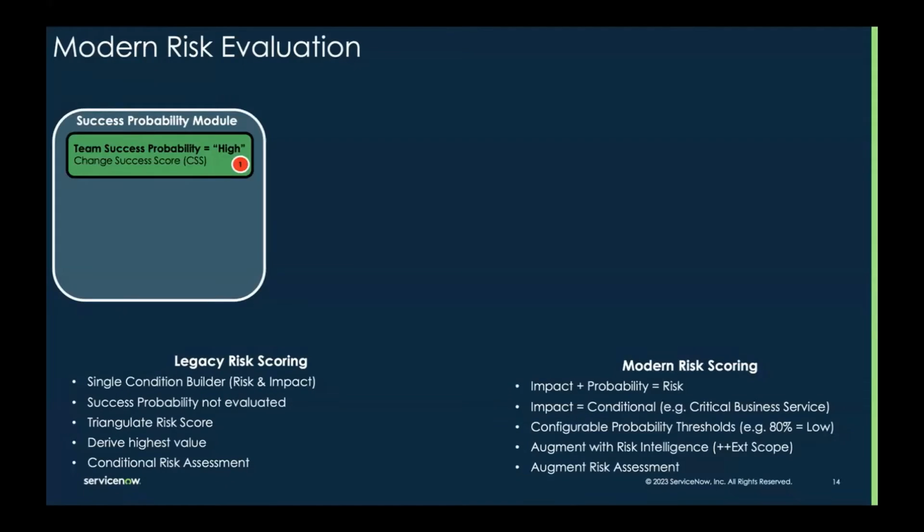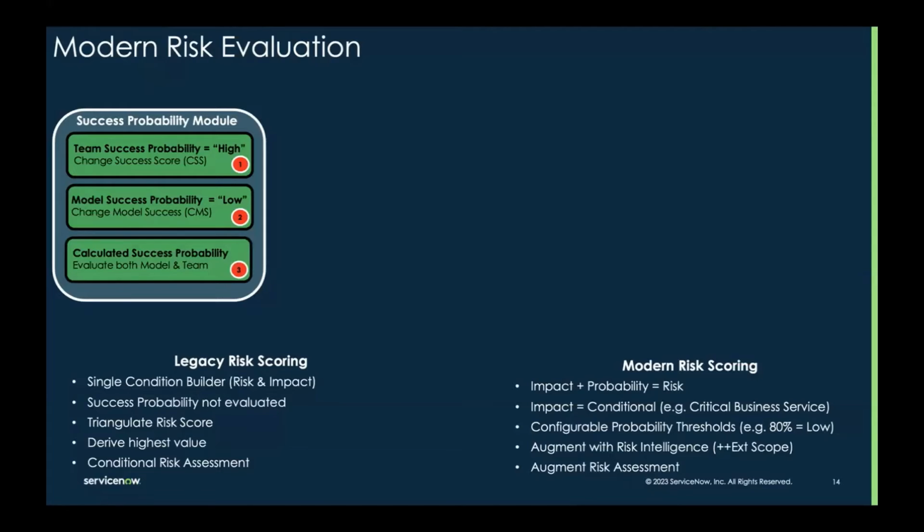So we have what's called a success probability module, where you can look at, for example, change success score, as I mentioned. So how good is the team at doing change? You can also look at a change model success. So how good are we at an enterprise at doing specific types of change models?